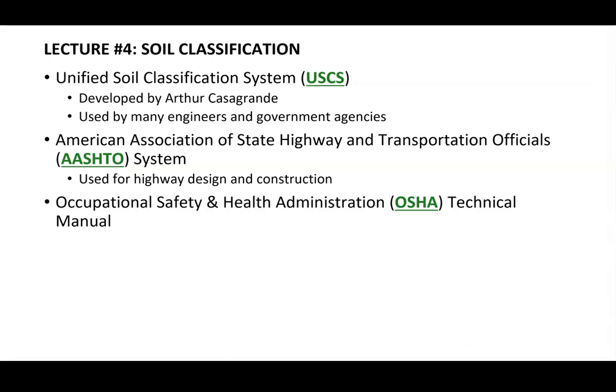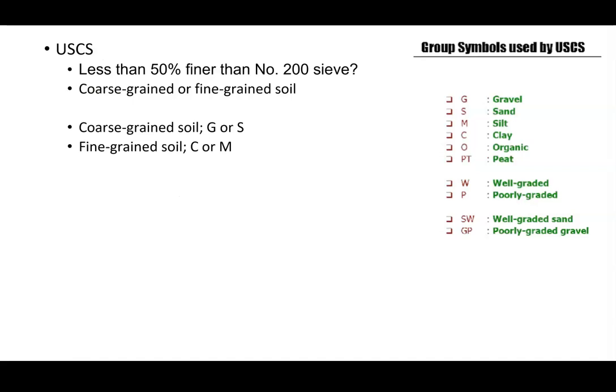In lecture 4, we went over soil classification. We again looked at the Unified Soil Classification System. There is another system provided by ASTM, and there is a soil classification provided in OSHA. So these are the letters that we can use. If we have a coarse-grained soil, then it's gravel or sand.